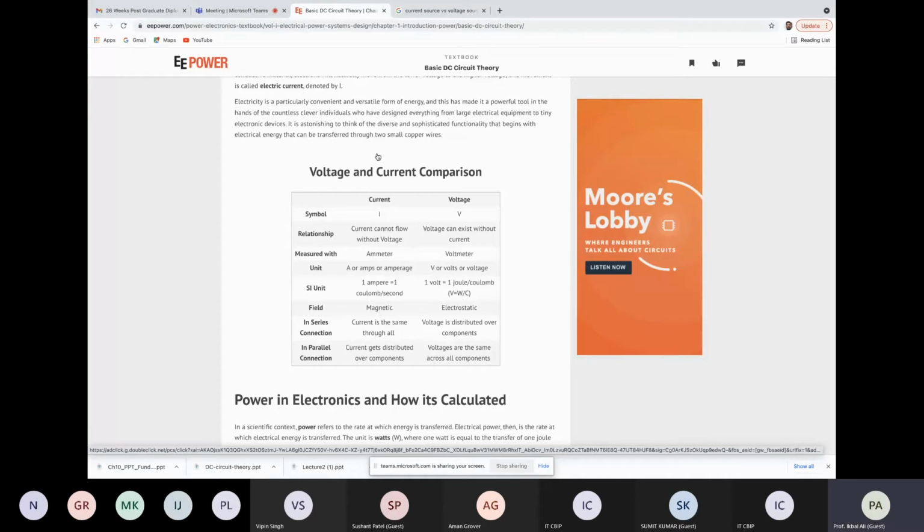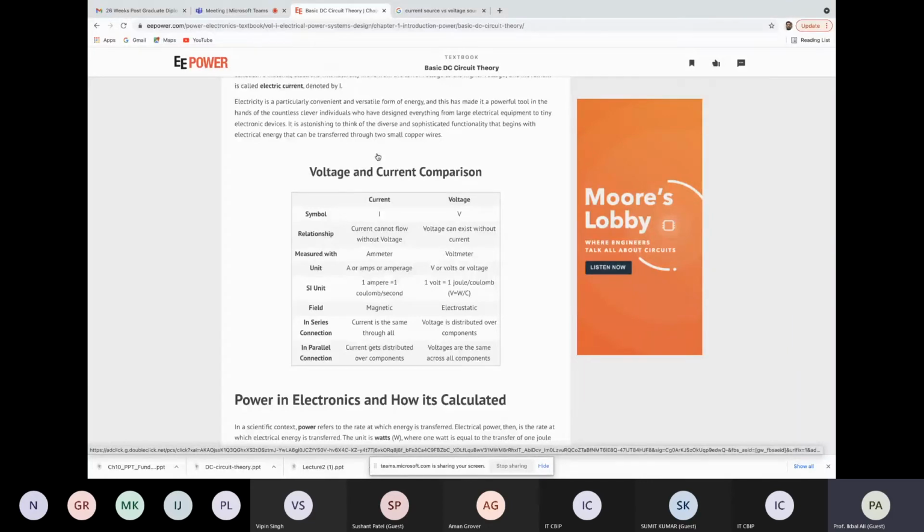And definitely, when you say series or parallel, there needs to be at least two circuit components. When we say circuit components in electrical engineering, these circuit components are either resistance or resistor or capacitor or inductor and or a source of energy, maybe a voltage source or a current source.